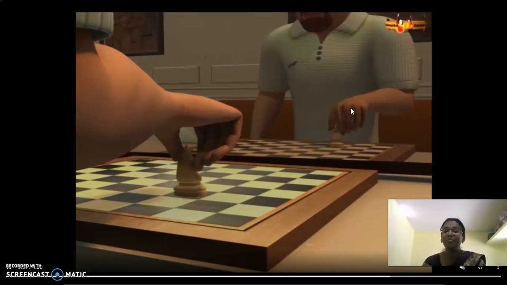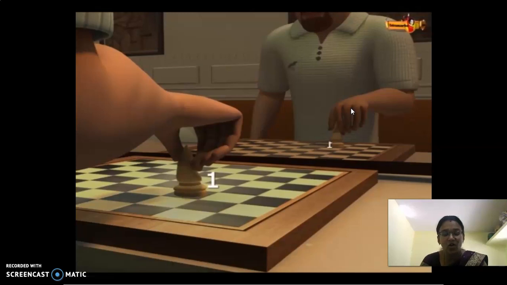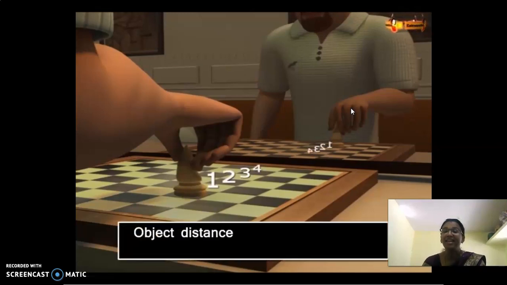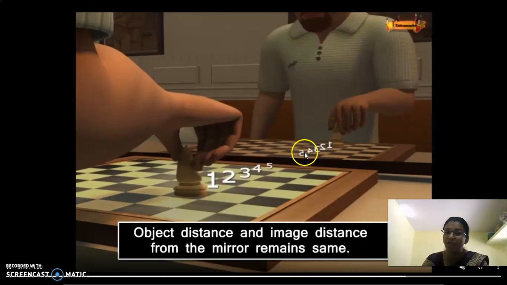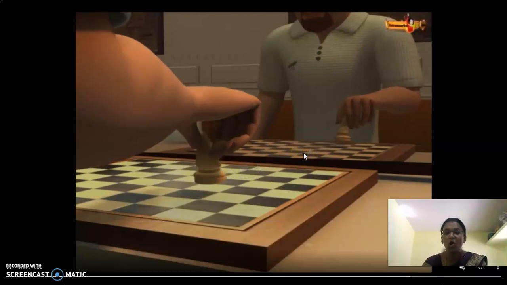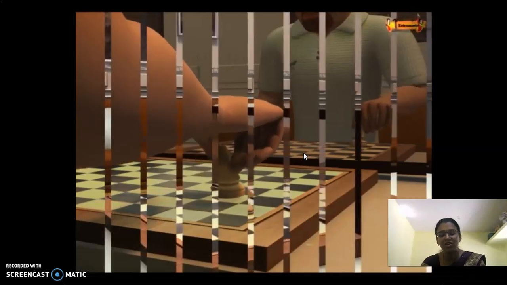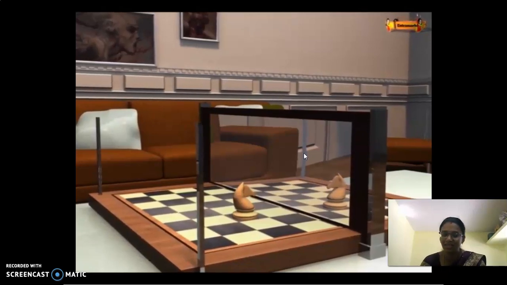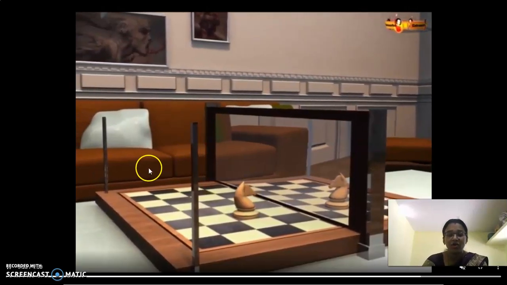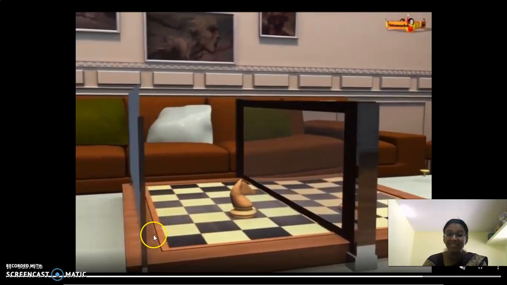It will be of the same size as the object, and at the same distance. Look at it, I have 5 boxes between the mirror and the object, and 5 between the mirror and the image. So the distance between object and mirror, and image and mirror, is the same.